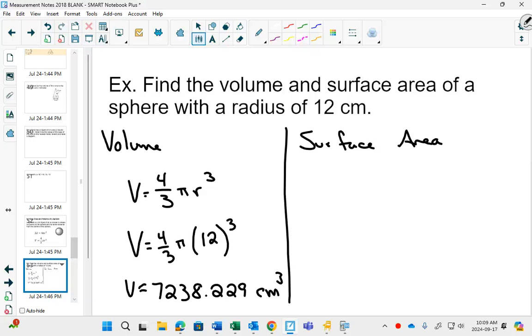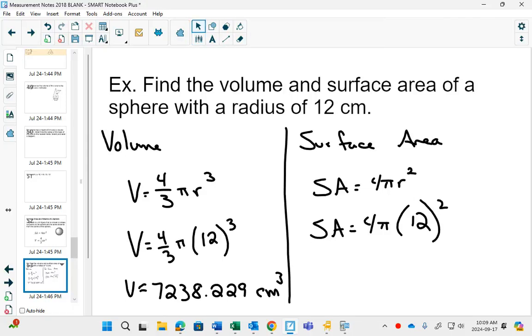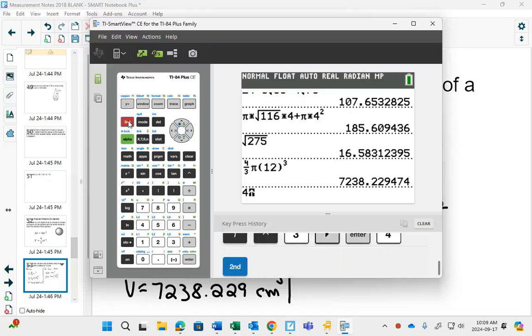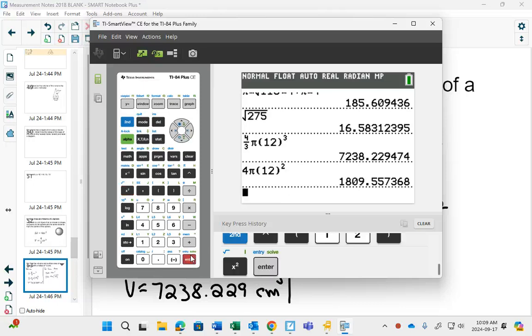Surface area, same thing. We're going to write out the formula from our formula sheet. We're going to plug in what we know, go to our calculator, type this in exactly. 1809.557.